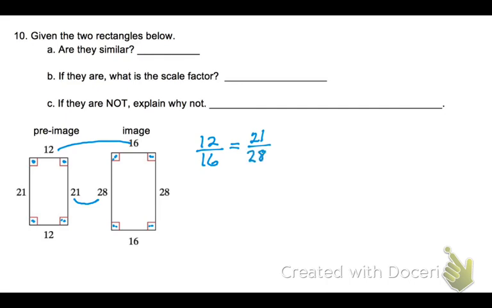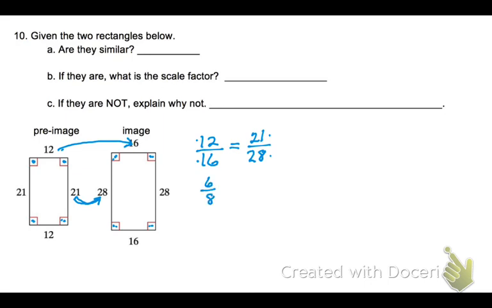So notice that I've gone consistently from left to right. 12 to 16, 12 to 16, 21 to 28, 21 to 28. If I had flipped those in some way, it would have been wrong. Let's divide 12 over 16 by 2. That's going to give us 6 over 8.